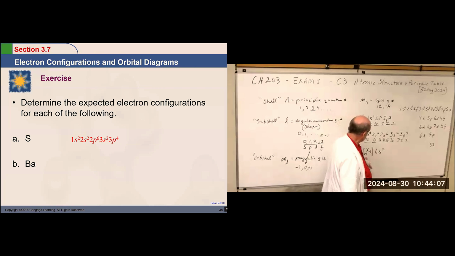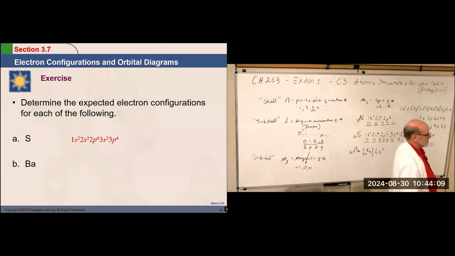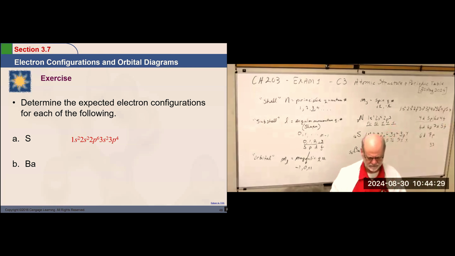Xenon is going to be up through 5p, all completely filled with electrons. And then we get to 6s for barium. And that shortens things, makes it a lot easier.